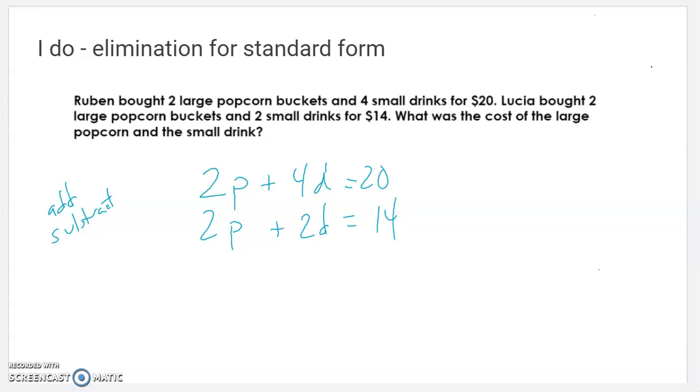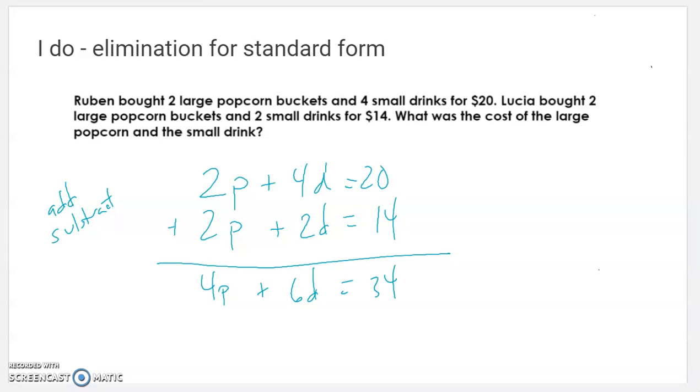Let's start with adding. If I add these two equations together and treat each thing like a number that I'm adding, like a multi-digit number, 2P plus 2P would be 4P, plus 2D plus 4D would be 6D, equals 20 plus 14 would be 34.